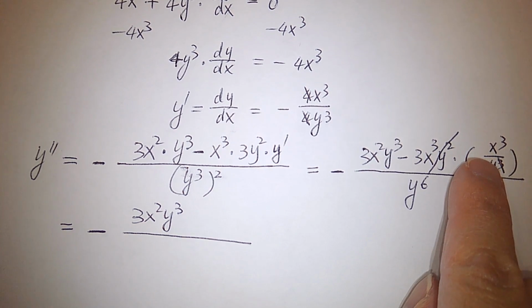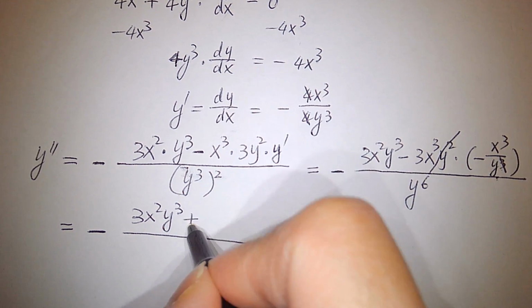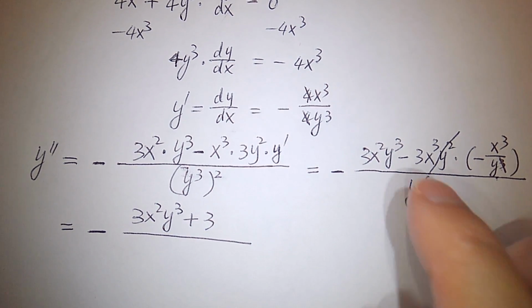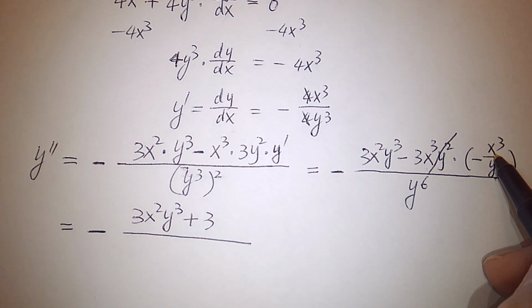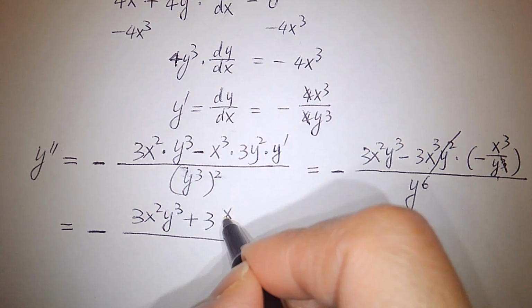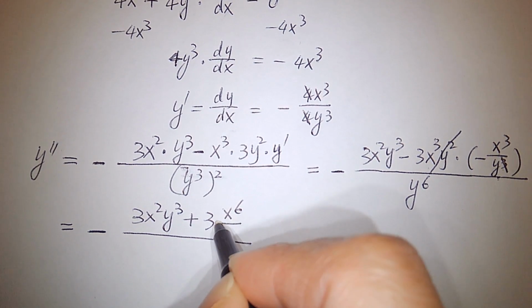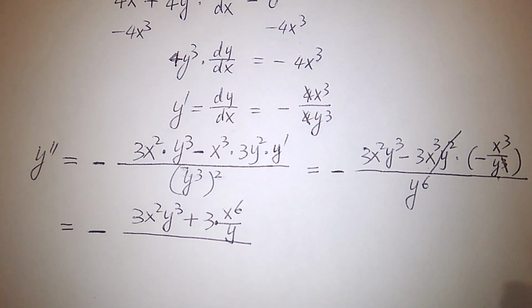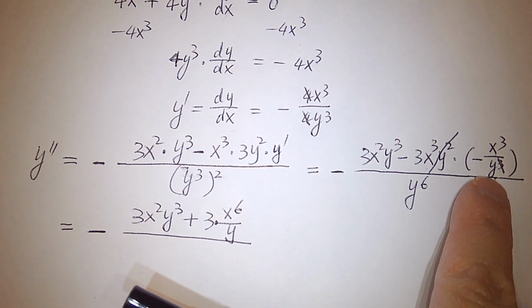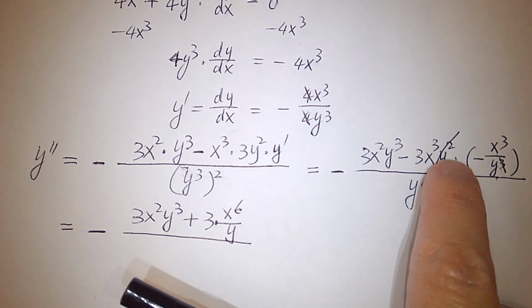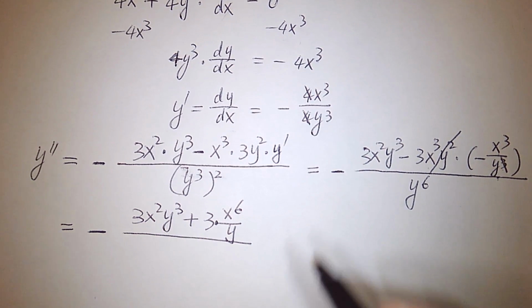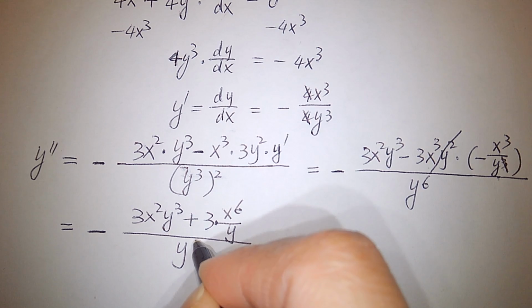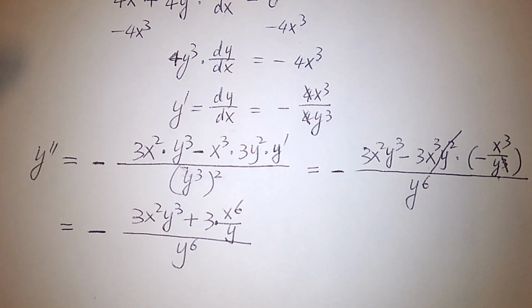Negative 3 times negative 1 gives us positive 3, right? x to the cube, x to the cube times x to the cube gives us what? x to the 6 and divided by what? y, right? See? Positive 3x to the 6 divided by y, right? And then divided by what? y to the 6.